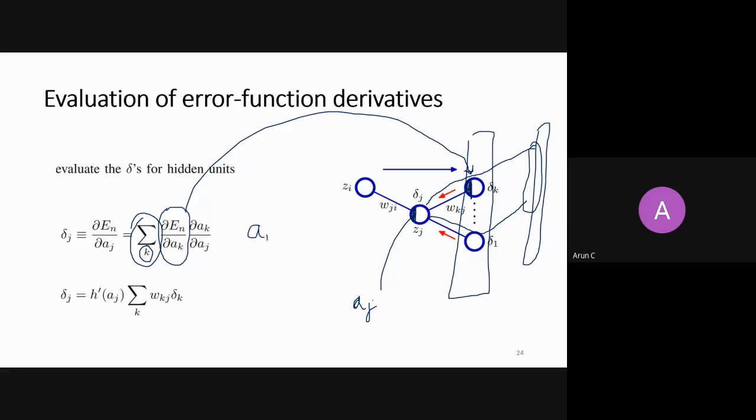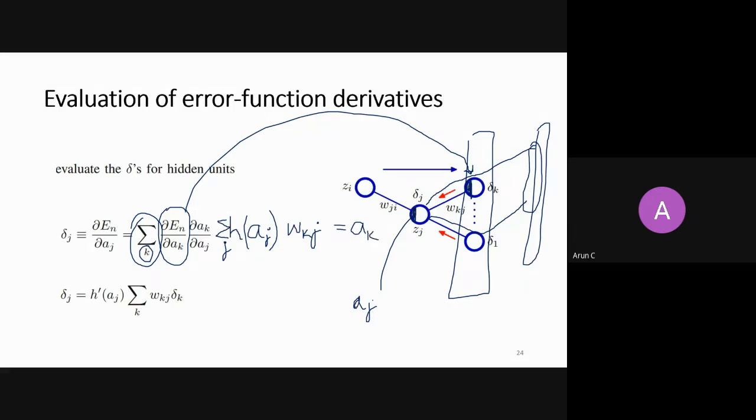This is aj. I take a non-linearity over it by some function h, then it becomes zj. Then I multiply it with wkj, and then I sum over all j's. So it is nothing but the input ak, right?